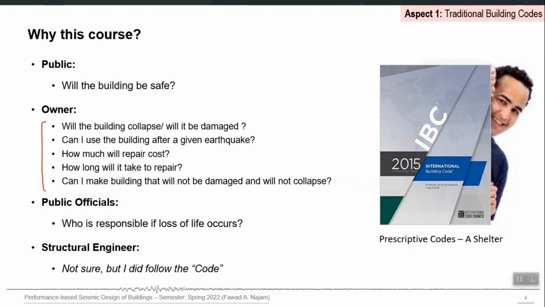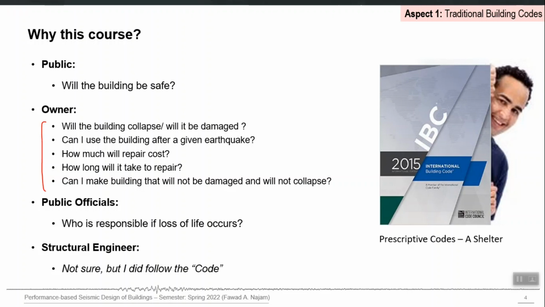Can you give a guarantee that your structure will perform in a certain way under certain loading? If you buy a particular electronic device, for example, a mobile phone or television, there is a warranty associated with that product. Building is our product, but we cannot give any warranty to its owner, being its structural designers. All we can say is what?